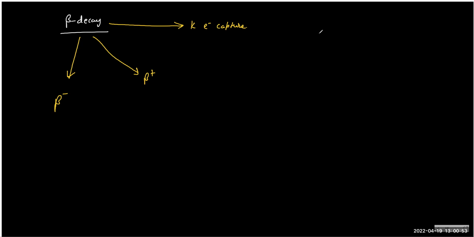So let's say a nucleus, the neutron by proton ratio, the N by P ratio. Generally, the neutron upon proton ratio for heavier nuclei should be close to 1.5.